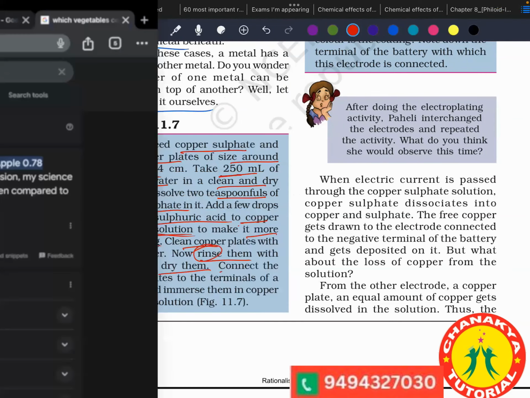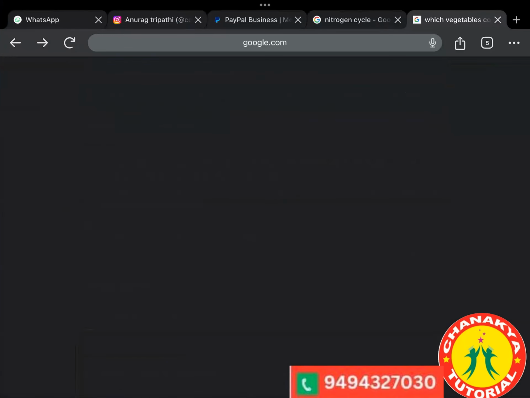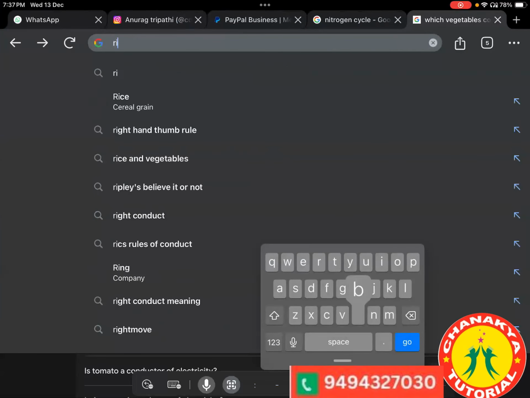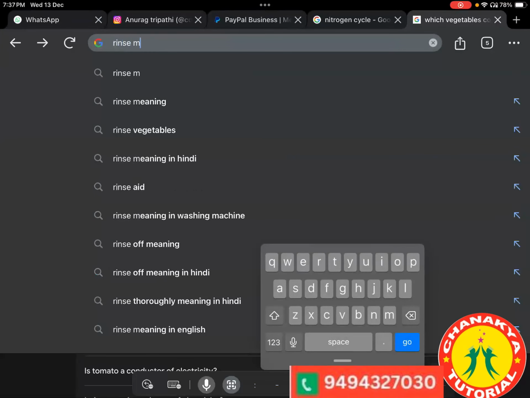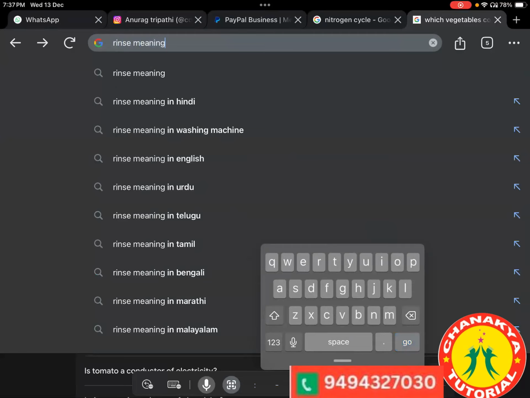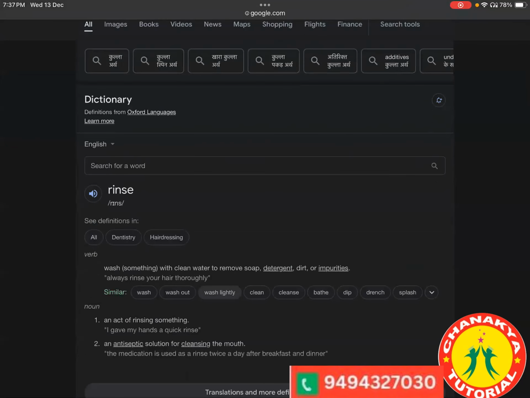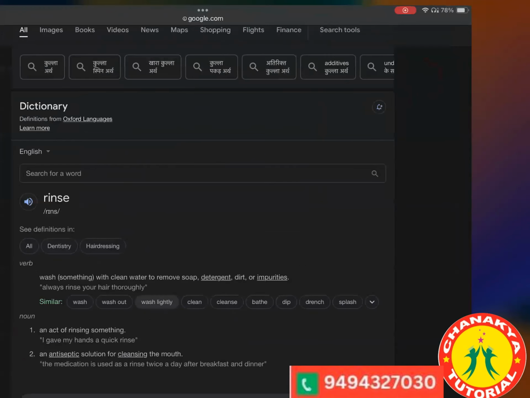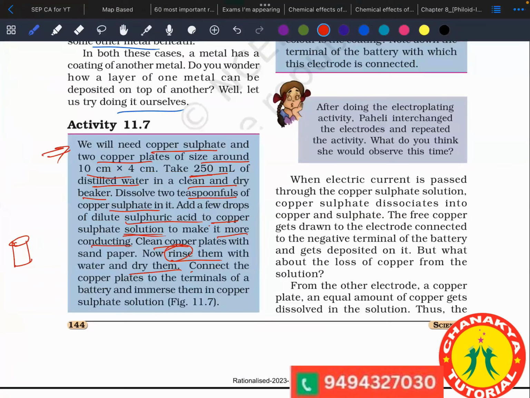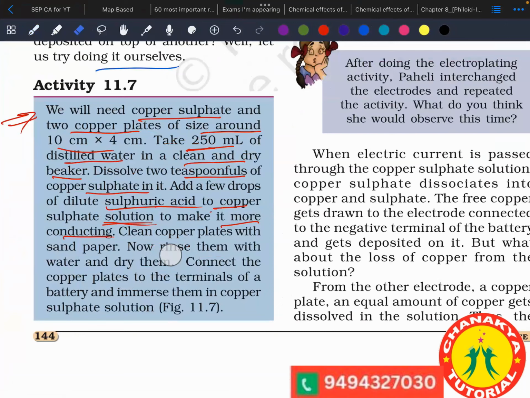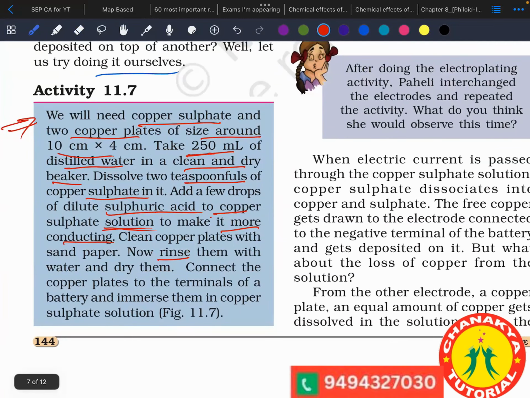Okay, wash with clean water to remove dirt. So that's what I was explaining, that we wash these plates with water, and then we dry them.